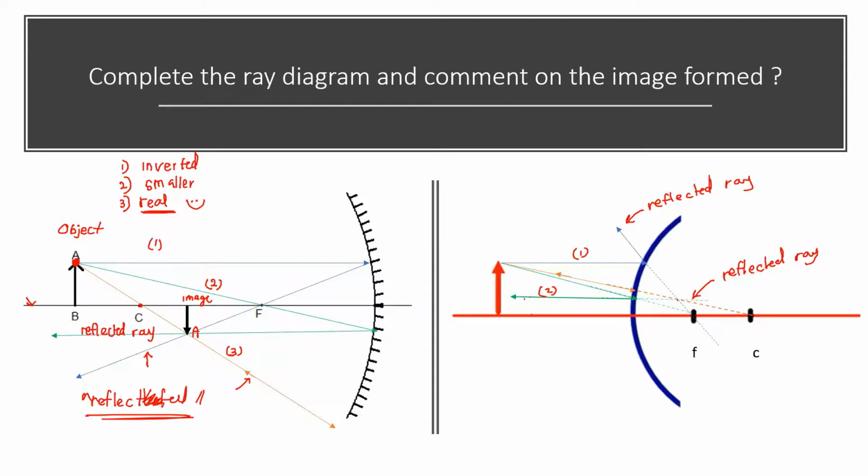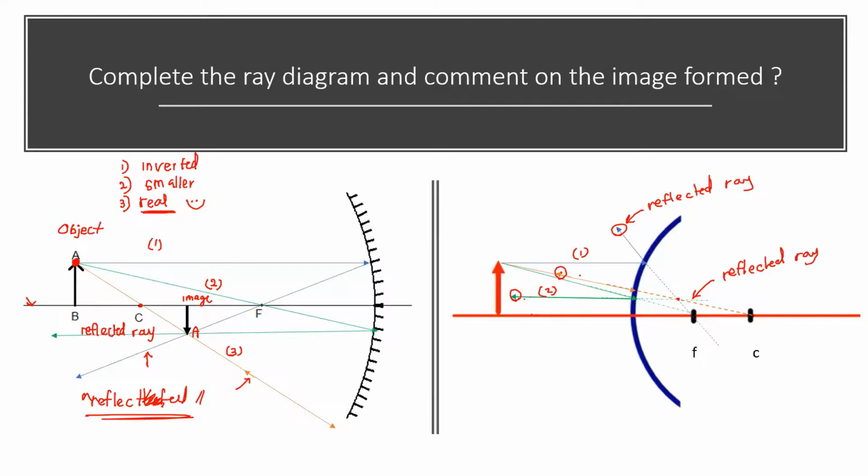So if we look at the actual rays, do they intersect at any point? This one, and this one. So these are the reflected rays, right? So in front of the mirror, they do not intersect, right?